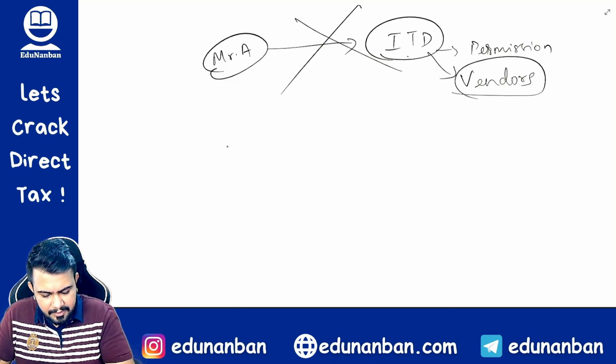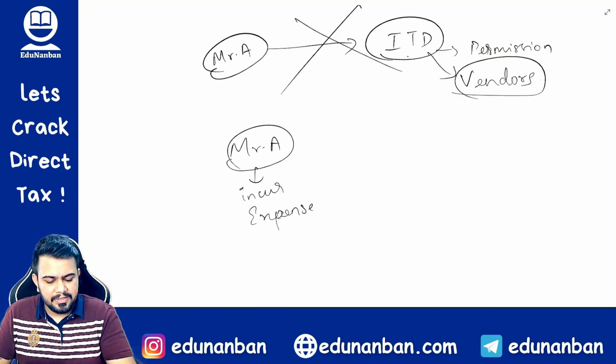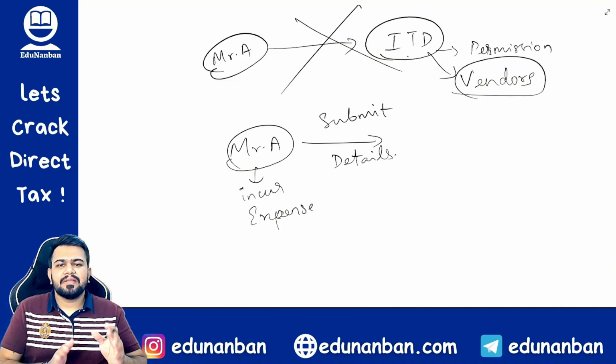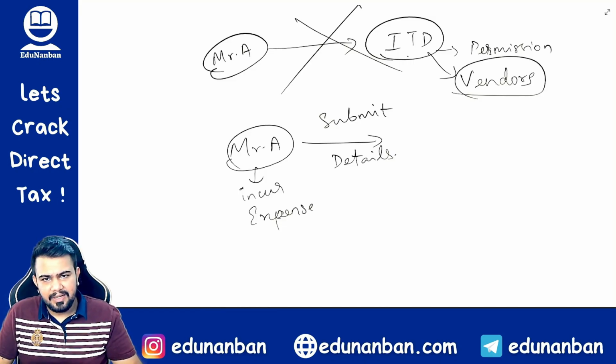Now Mr. A can directly incur the expense, and after incurring the expense, Mr. A should submit the details. The details can be submitted in the income tax portal itself in the login, and it should be submitted at least 1 month before the due date to file the return of income.